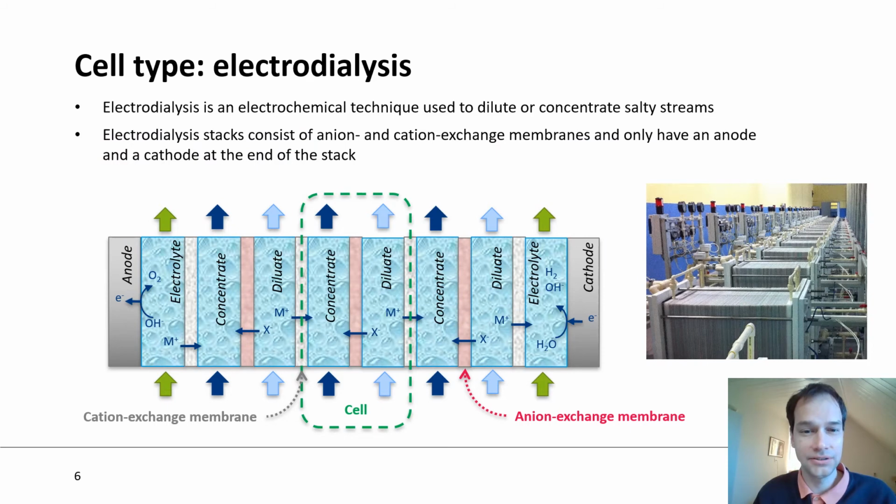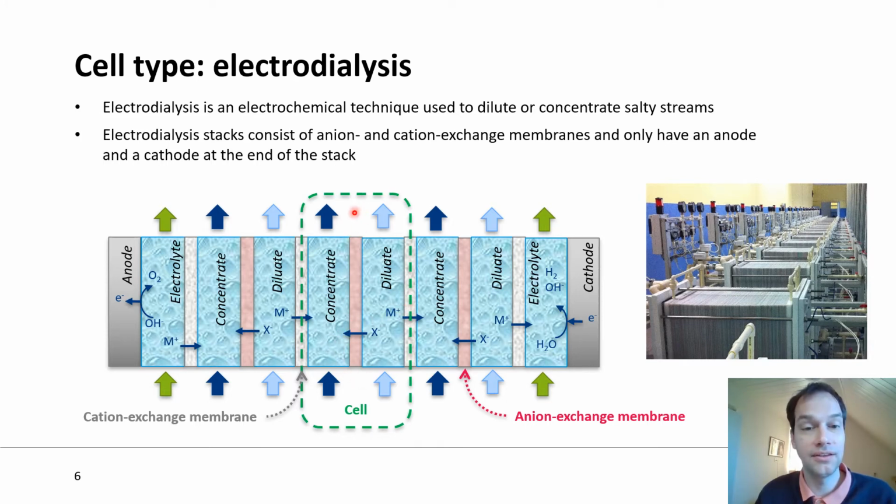Here on this slide, you see a small electrodialysis stack, and in the middle, you see the electrodialytic cell. In contrast to other electrochemical processes, there are no electrodes. So there's no anode nor a cathode in the cell. Instead, there are just ion selective membranes.